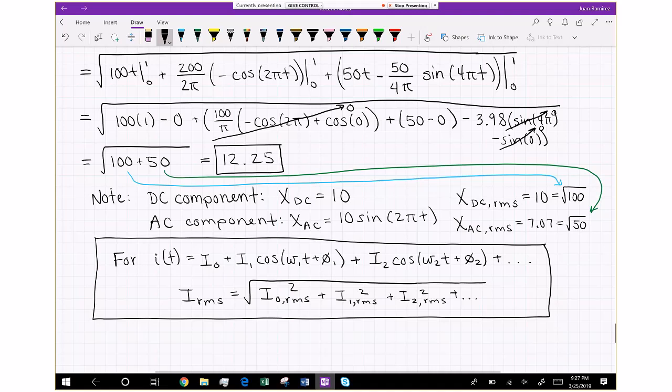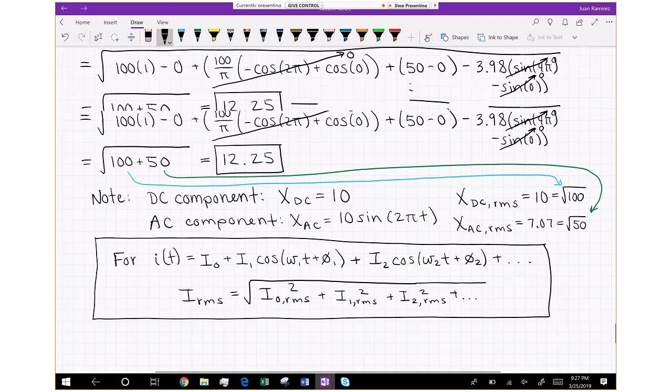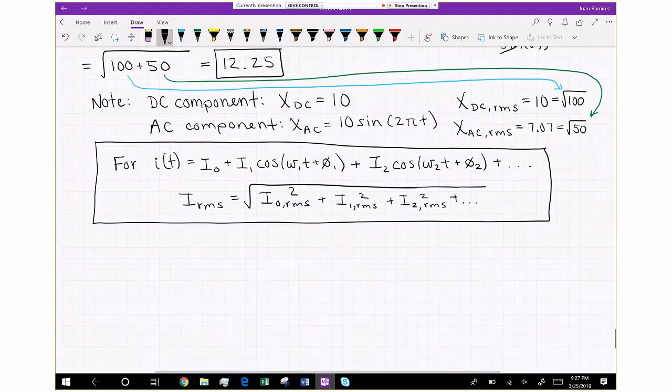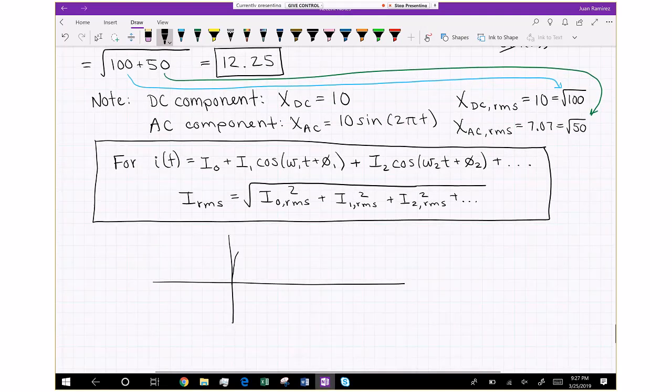So what that may mean is you may have a signal that has an RMS value at 60 hertz. That's the ideal case. Again, that would mean the peak voltage would be 169 volts. But in real life, it's not a purely sinusoidal signal at 60 hertz.